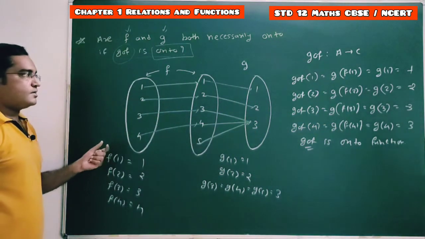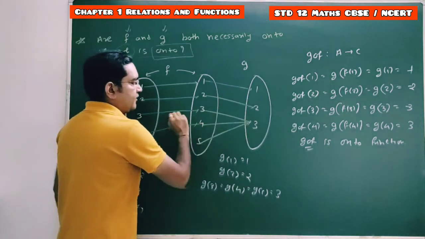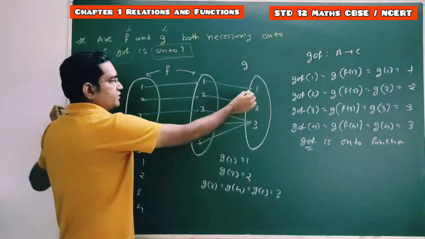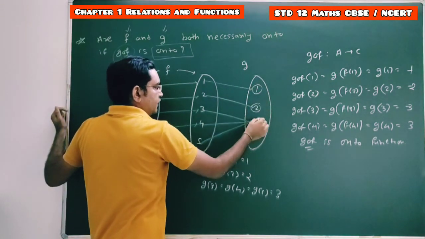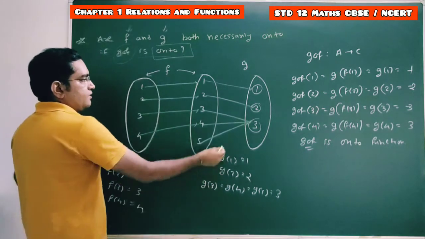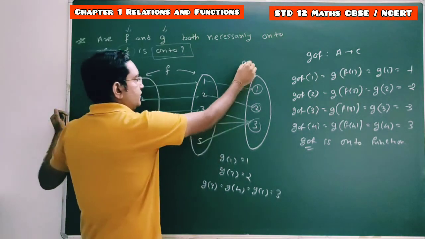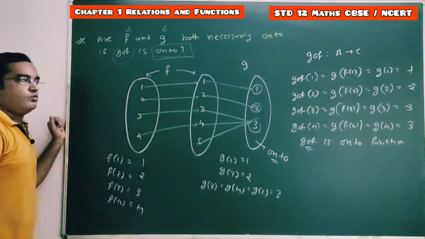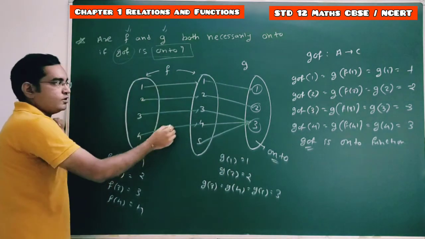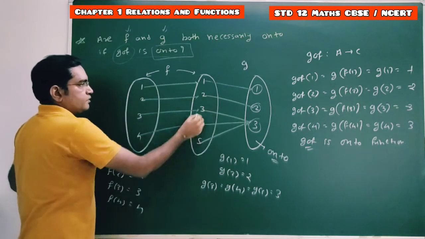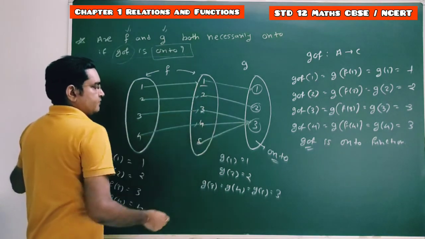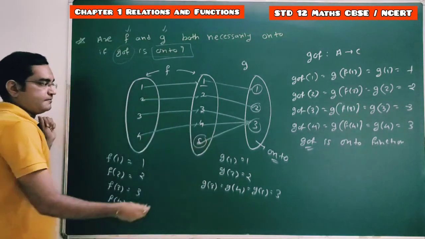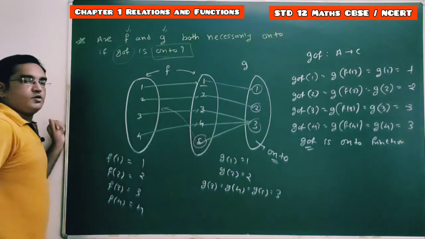Here the composite function gof is an onto function. So is it necessary that both functions g and f are onto? Let's check it. For this g function, all three elements in the codomain have a pre-image in its domain. So function g is onto. But for this function f, in the codomain 1, 2, 3, 4 and 5, the element 5 doesn't have any pre-image in this domain.